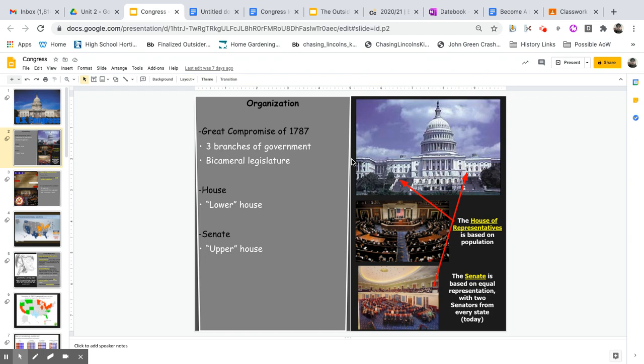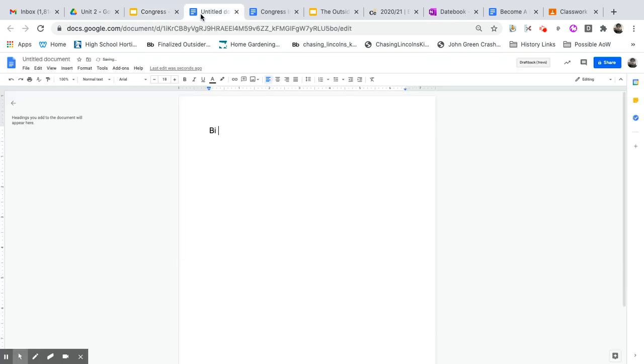So the compromise they come to here, that's the compromise part of this, is that we're going to have three branches of government, which doesn't really have to do with what we're talking about, but that we're going to have a bicameral legislature. Bi meaning two, cameral meaning house, and then legislature meaning like a lawmaking body.